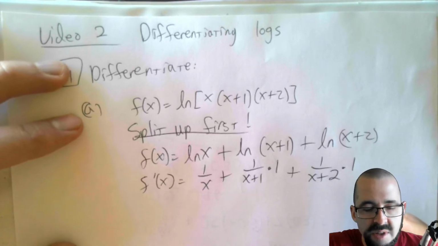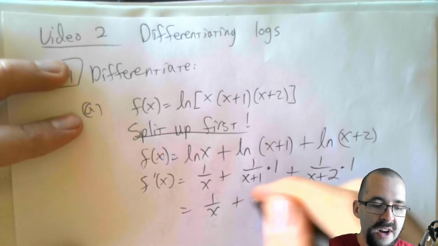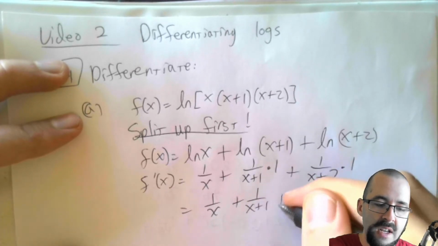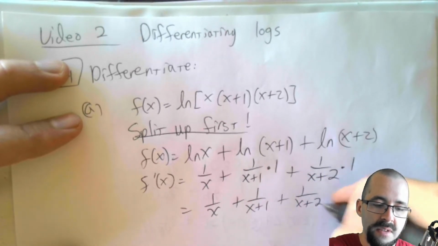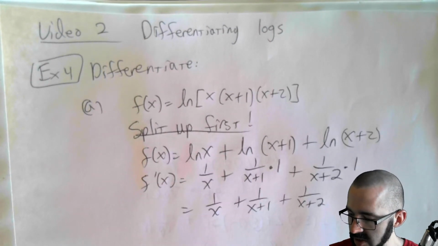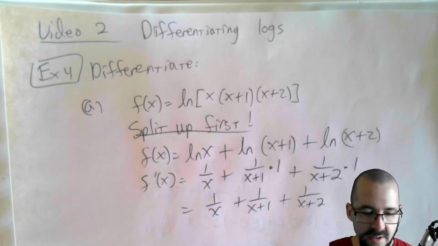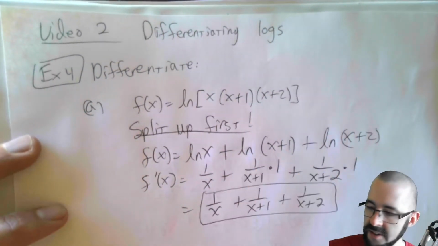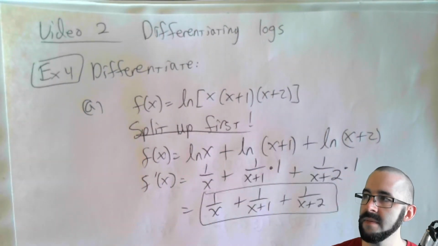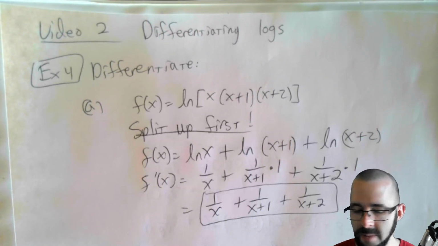The derivative of x plus 2 is just 1. So again, we can get rid of those ones. It's going to be 1 over x plus 1 over x plus 1 plus 1 over x plus 2. And you could combine these fractions if you wanted, but I really don't think you need to. So we're just going to leave it like so and be done. Way better than if we had to use the product rule and the quotient rule.